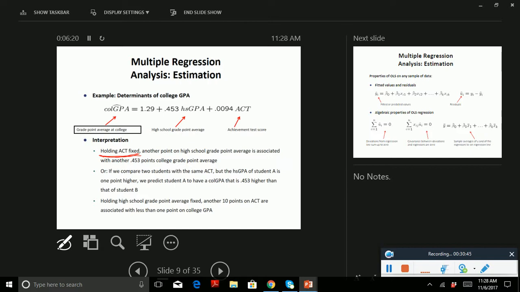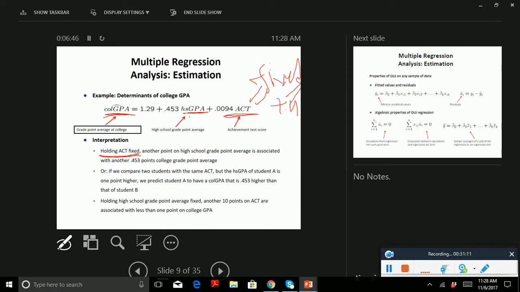Okay, then only can I say that another point on high school grade point average is associated with 0.53 points of college grade point average. So when you are interpreting how high school GPA is affecting college GPA, you have to hold this thing fixed, and also the error term fixed.